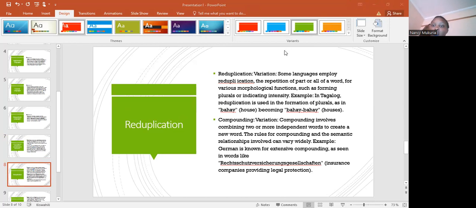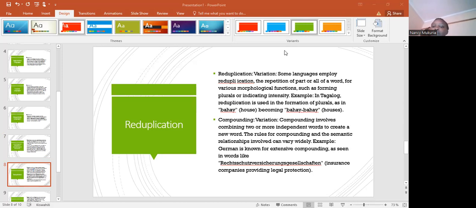For example, Tagalog forms plurals this way, such as bahay, house, forming bahay-bahay, which means houses. So it's a kind of reduplication, where you do the repetition of a word.